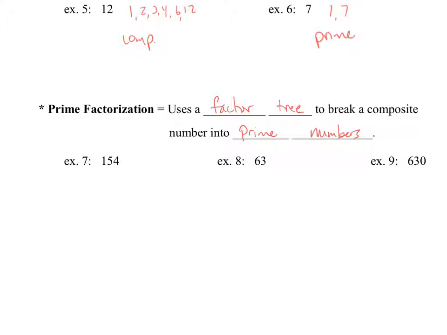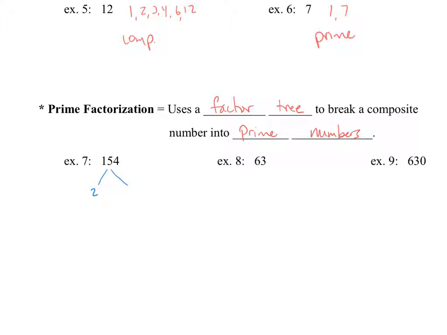All right, so you were going to use these factor trees. This is where you took underneath here and you said, what two numbers fit into here? So I would look at this and think, it's an even number, so I know 2 fits in there. Then you find the other number. So 154 divided by 2. This is where I'd use a calculator.